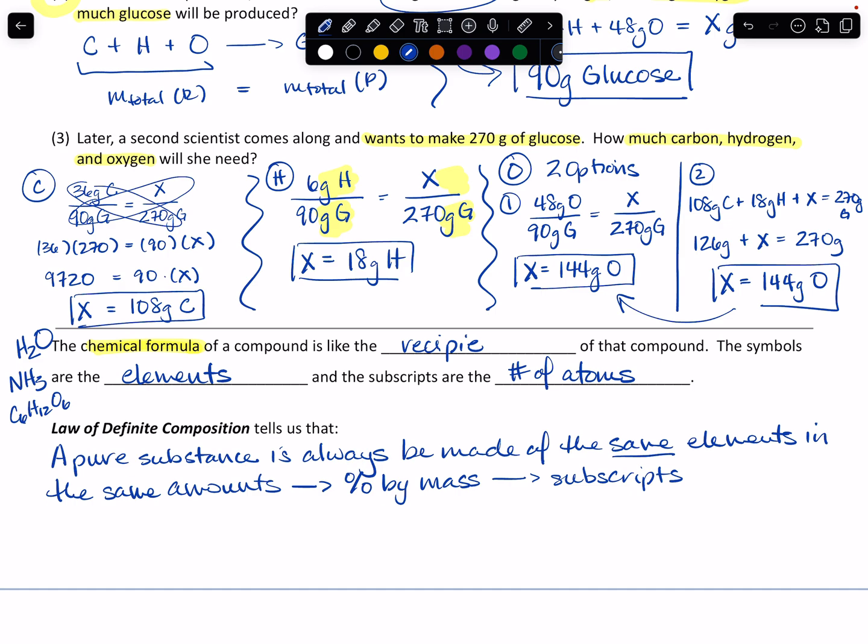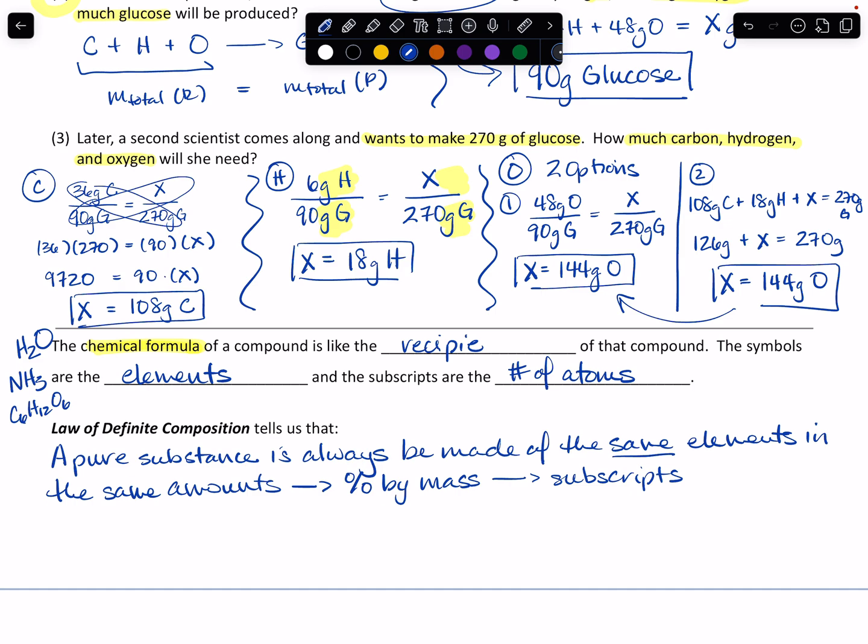If instead I hand you a compound and that compound is, I don't know, 94% oxygen and 6% hydrogen, that cannot be water. Water has to be 88% oxygen and 12% hydrogen. If it's a different set of percentages, it is a different compound. Definite composition means that those mass percentages define which compound you have.